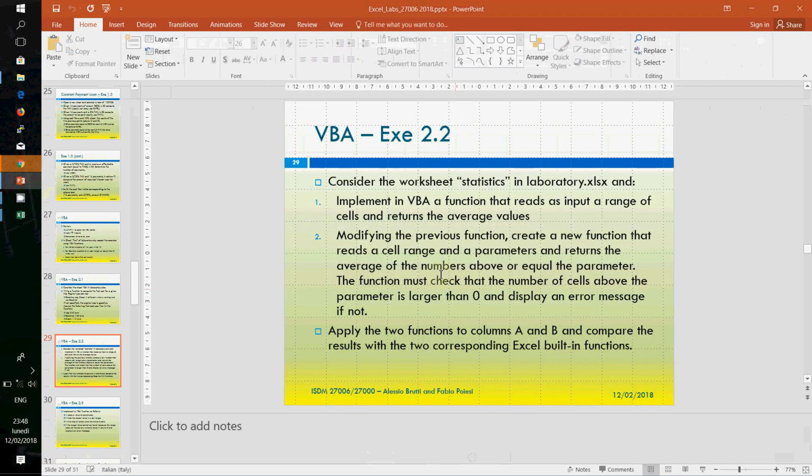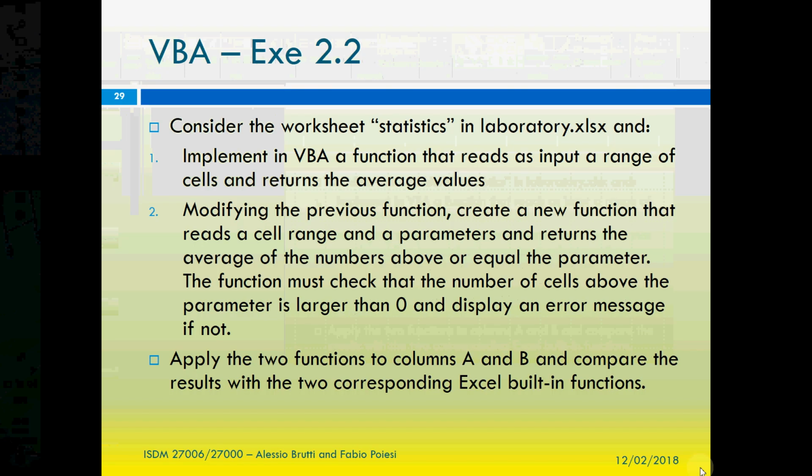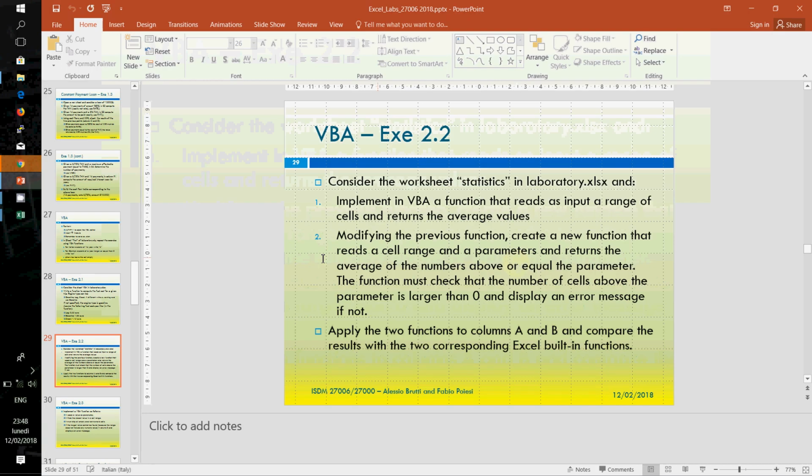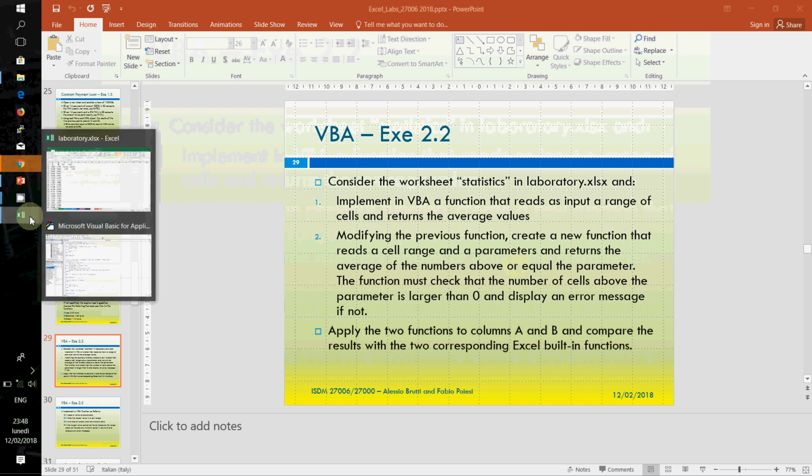Now, the second part of the exercise asks us to implement a sort of average if. So the user also provides a parameter. We have to take all the numbers above the parameter, and we take the average of those values. So let's see how we can do it.